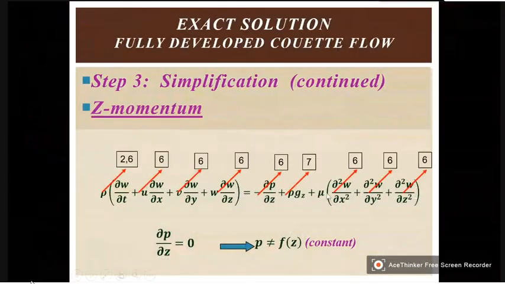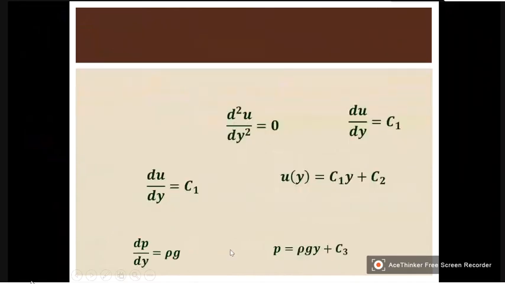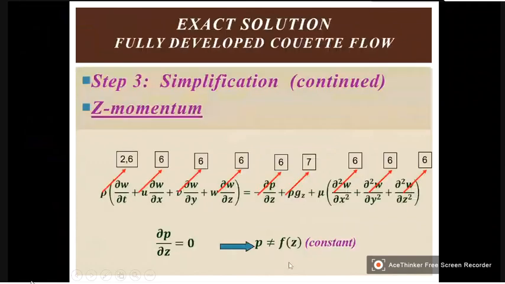Rho GZ. Then this is again 0 because W is 0. So finally, this indicates that P also is not a function of Z.